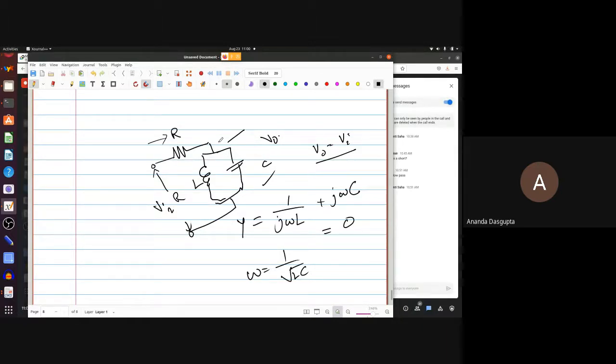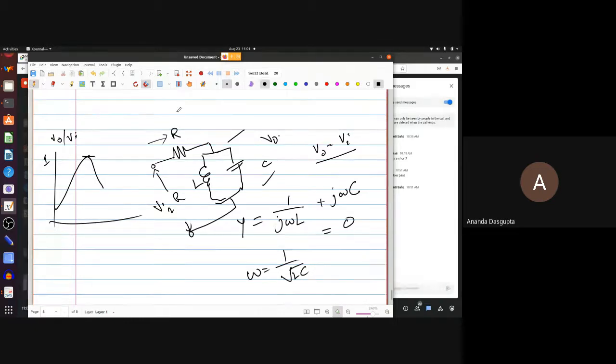The job of the R is to bring the output voltage down for other frequencies. So it's not just the resonant frequency where VO by VI is 1. What you want to ensure is that as you move away, the VO by VI ratio drops. And for that, you need the R.